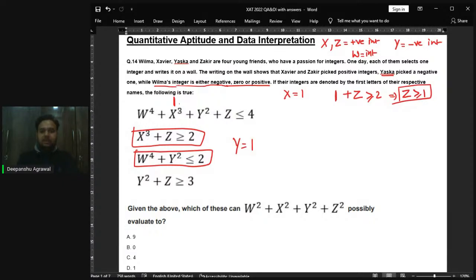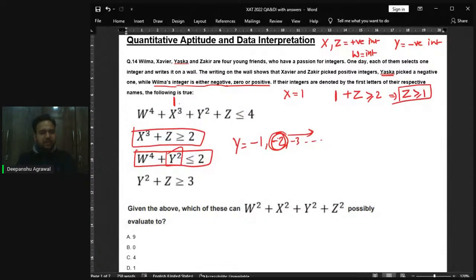But y is a negative integer, right? So let's see for the negative integers as well. Negative integer means y can be -1, -2, -3, and so on. But y square would be positive, obviously, because the square of a negative number is also positive. So it can't have the value -2 or any of the next negative values.